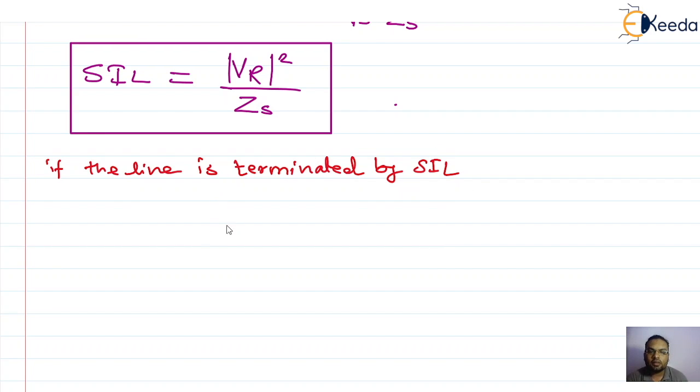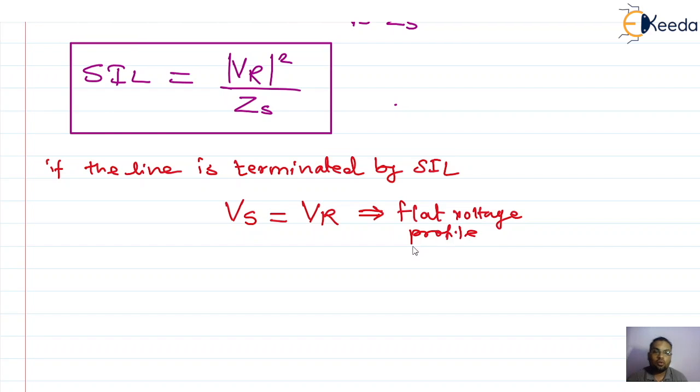In that case, losses will be zero. As the losses are zero, the sending end voltage is equal to the receiving end voltage. So this gives a flat voltage profile. Why? Because the losses will be absent in that case.